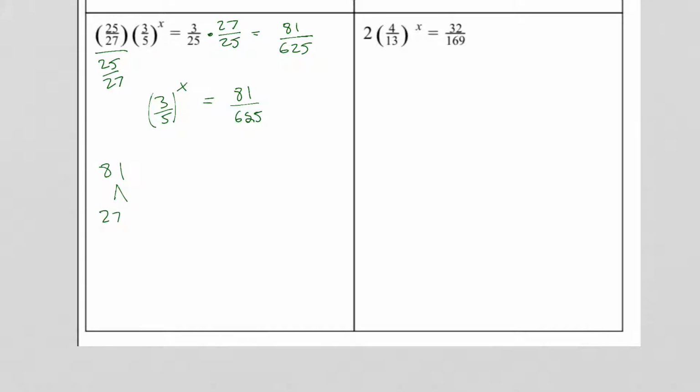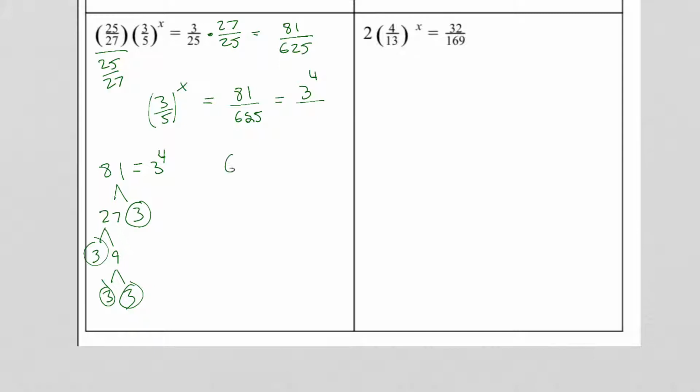Well, you already know it's 27 times 3. And this is 3 and 9, 3 and 3. So as far as 3s go, 1, 2, 3, 4, 81 is 3 to the 4th power.